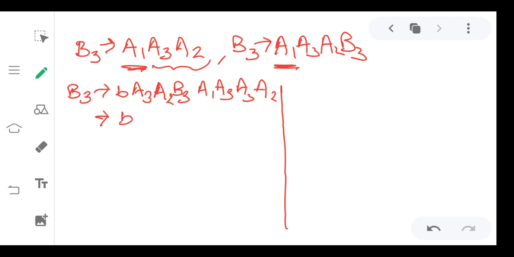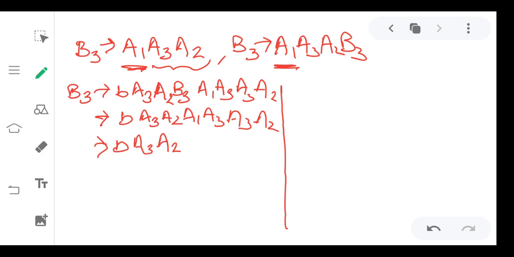Next B, A3, A2, A1, A3, A3, A2. B, A3, A2, B3, A1, A3, A3, B3.